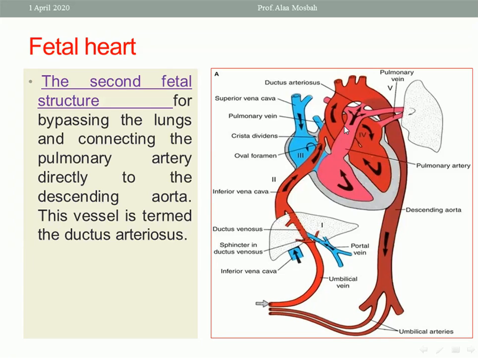So the blood in the pulmonary artery will be shifted to the ascending aorta instead of going to the lungs, because the lung is not functioning as an oxygen source right now in fetal life and is filled with amniotic fluid. Okay.